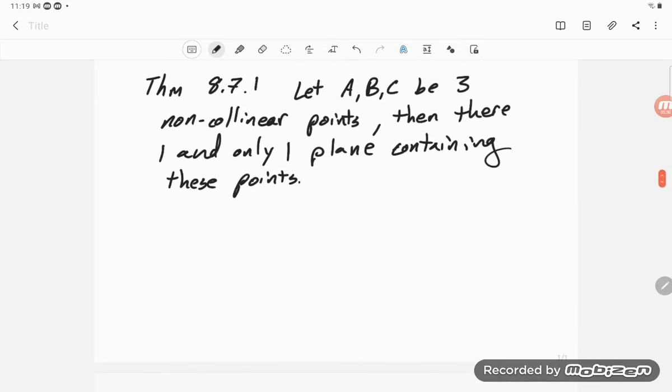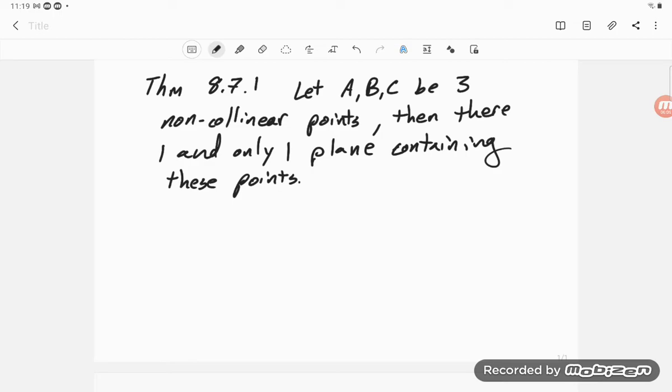And we can get that simply by using direction vectors. Now, we could do this with any of the A, B, or C because we could always rename the points.